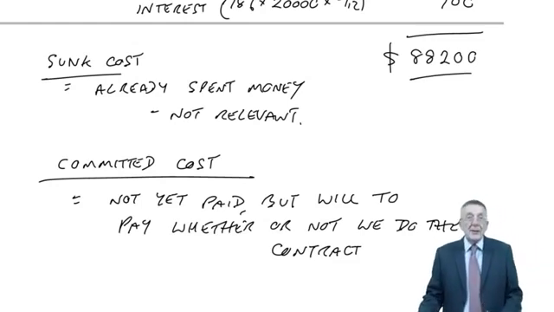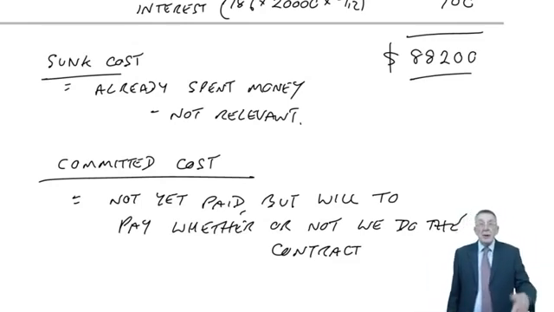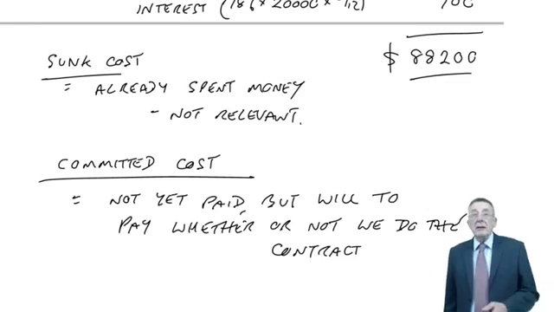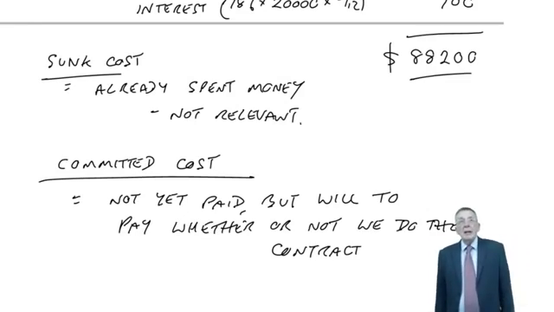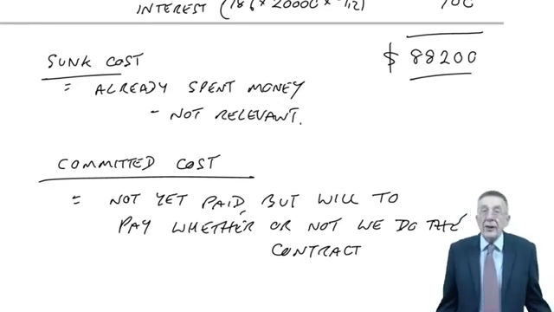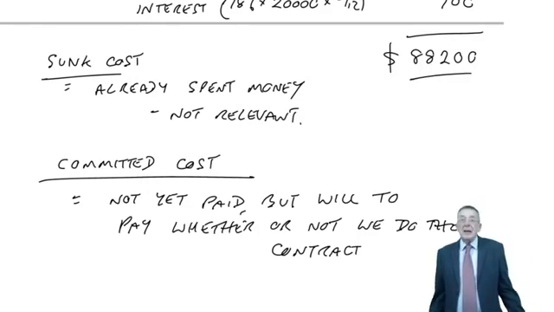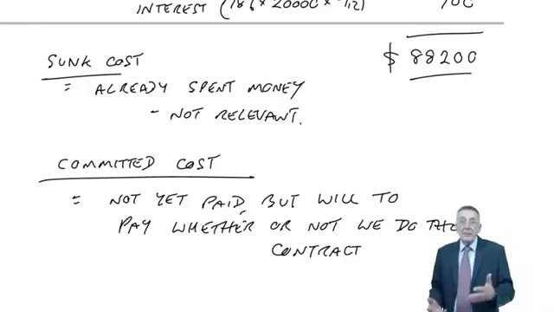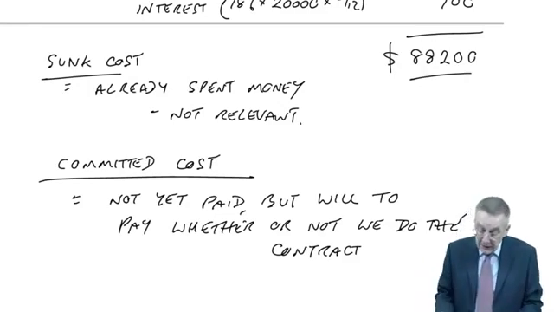So I hope I'm making sense. With that materials one, we'd already spent the money. But if I told you we've already got those materials, bought some time ago, we haven't yet paid for them, but whatever happens, we're going to have to pay 34,000 for them, well, because we're going to have to pay the money whatever happens, we call it a committed cost, and again, it's not relevant.